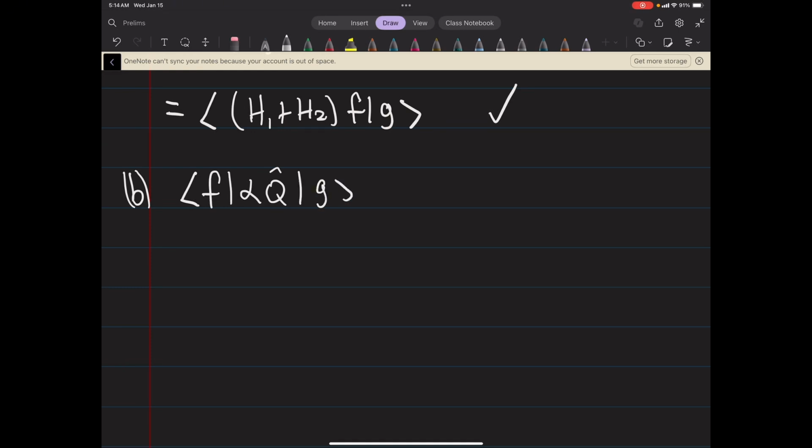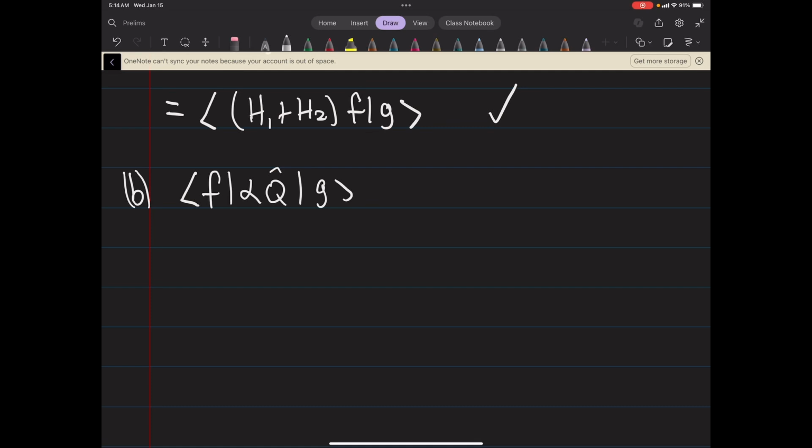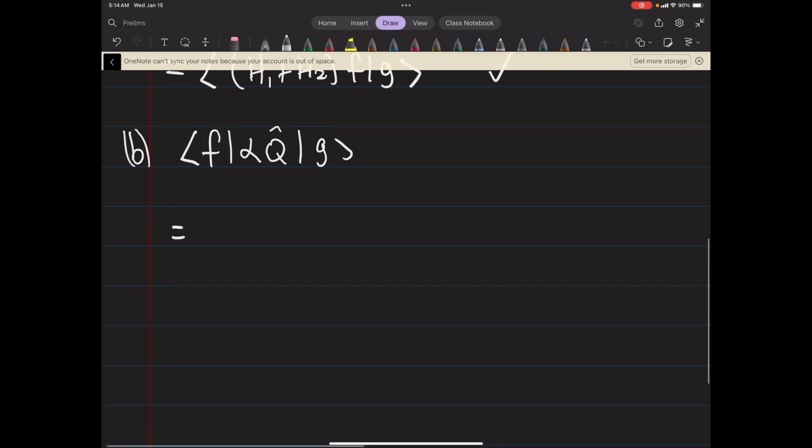We want to show, so we can write this as, and what we want to do is show the condition where this is true. So we want to find out where that's the case.